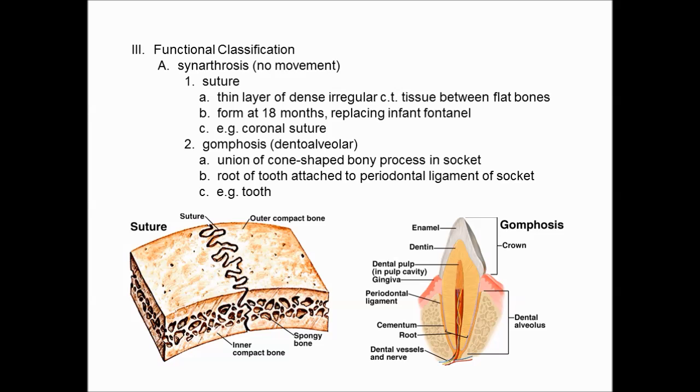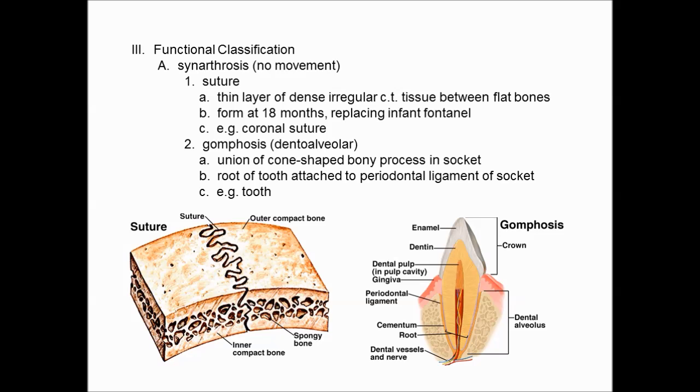The suture is a very good example of a synarthrosis, as in the coronal suture. The two bones have grown together, and they're actually glued together by connective tissue. So there's really no flexibility. Another type of synarthrosis is a gomphosis, which is a very specific articulation in which a tooth fits into a cone-shaped hole or socket.